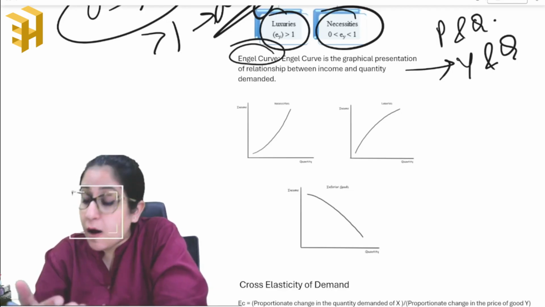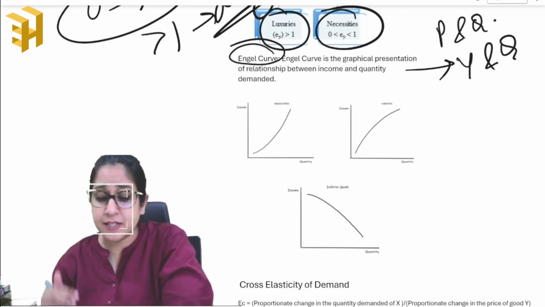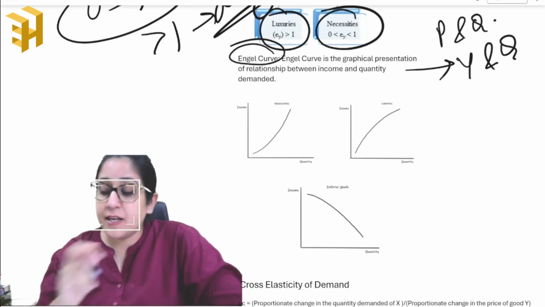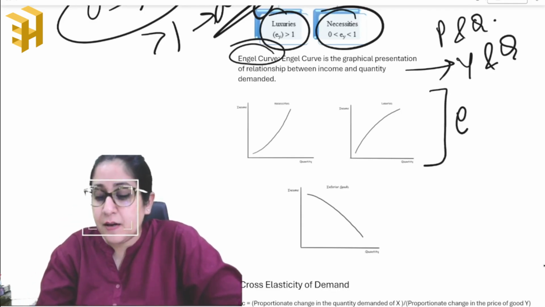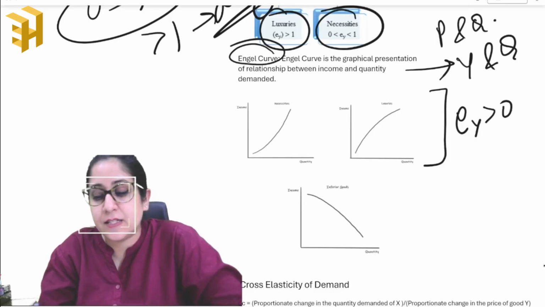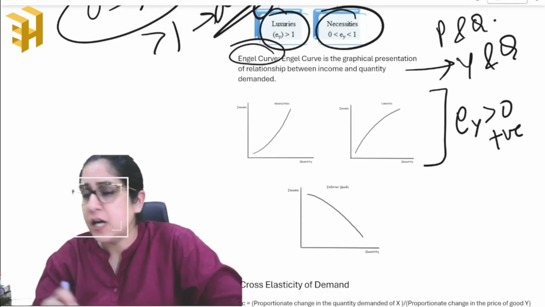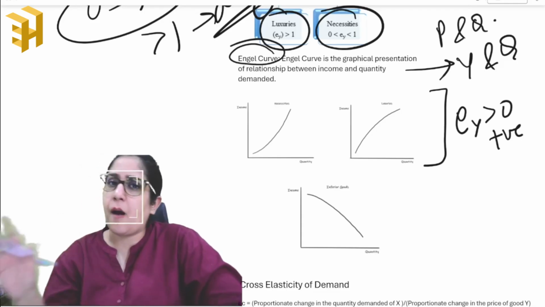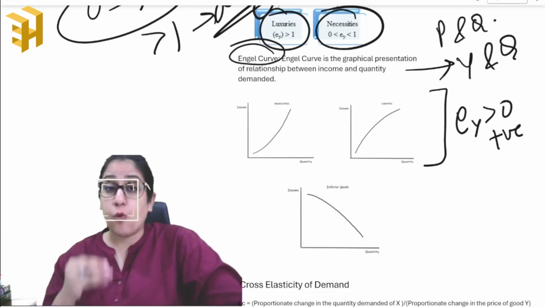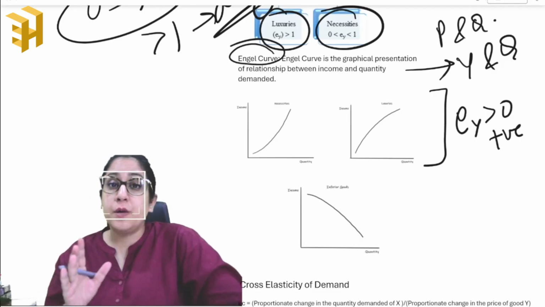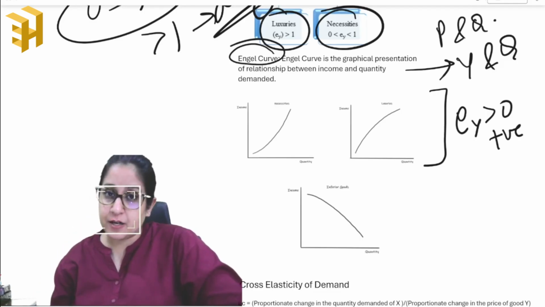Okay, so how is it graphically represented? Now, one thing we know is that income elasticity greater than 0 means there is a positive relationship between income and quantity. So the curve will definitely be upward sloping. But what will be the slope of it will be determined by the value of the income elasticity.